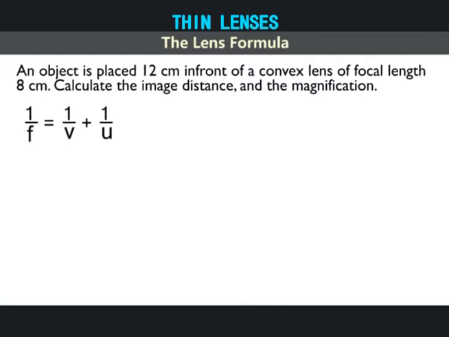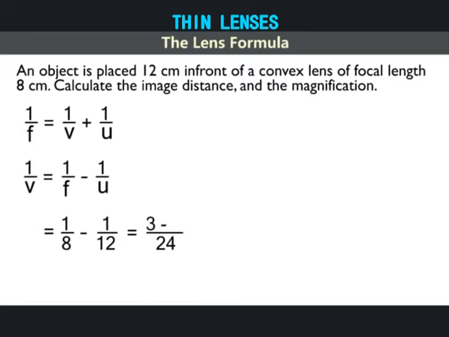We know 1 over f is equal to 1 over v plus 1 over u, meaning 1 over v is equal to 1 over f minus 1 over u. That will be 1 over 8 minus 1 over 12. The LCM of 8 and 12 is 24. 24 divided by 8 is 3, times 1 is 3, minus 24 divided by 12 is 2, times 1 is 2.